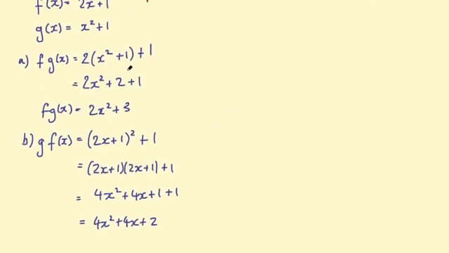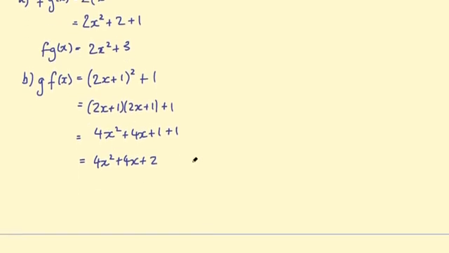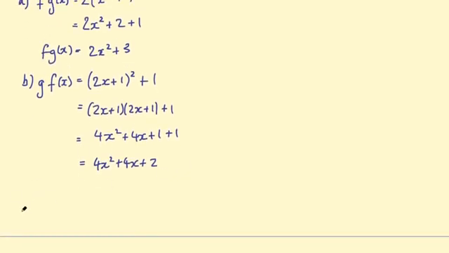Okay, so now you notice that g of f is not the same as f of g. So that's a common element of composite functions, that the order matters. So f of g is not going to be equal to g of f.